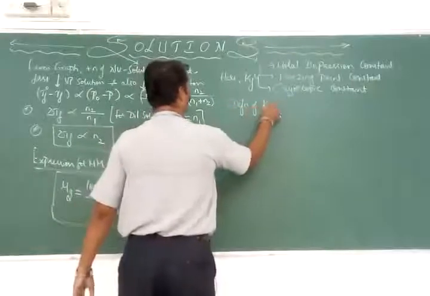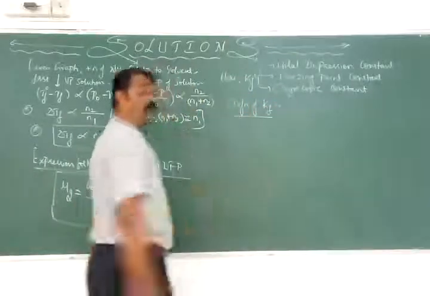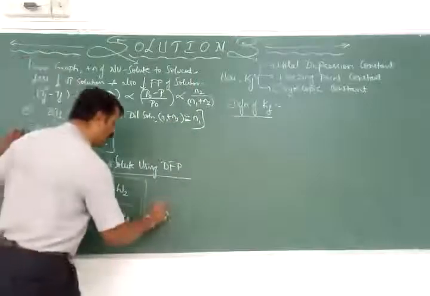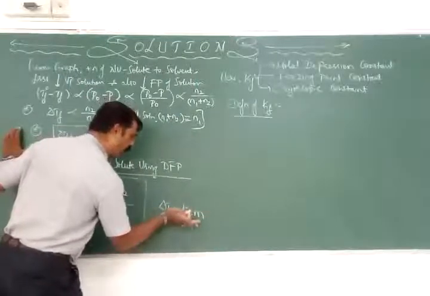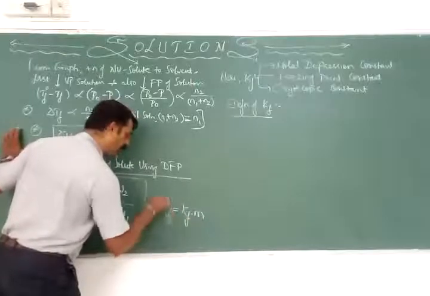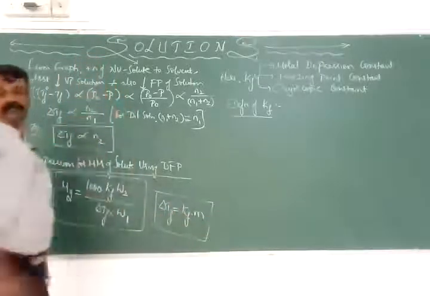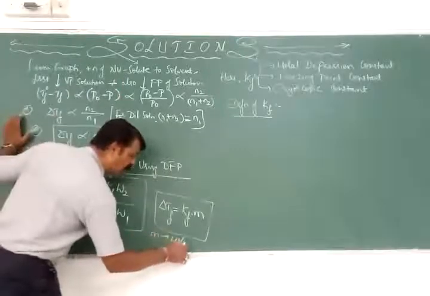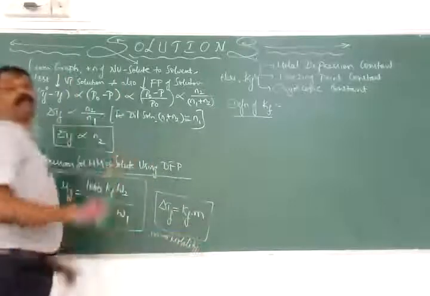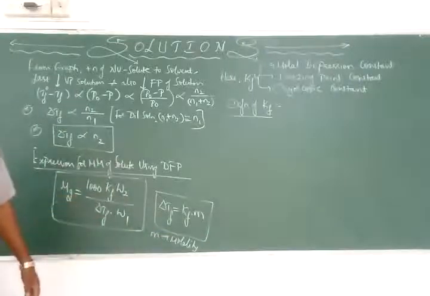definition of Kf. How to define the Kf? And also, I mentioned another one. Delta Tf is equal to Kf into m. The same expression what we have done. Here m is called the molality of the solution, not molarity. Therefore, how to define this? Same definition.